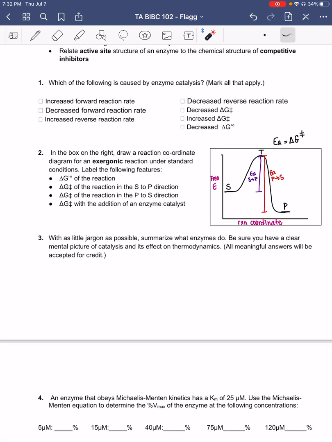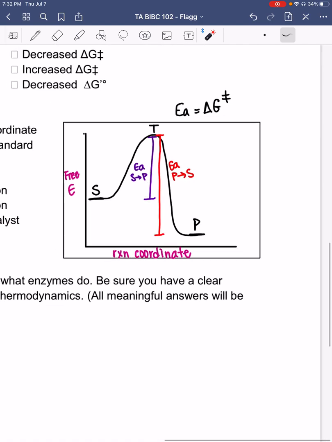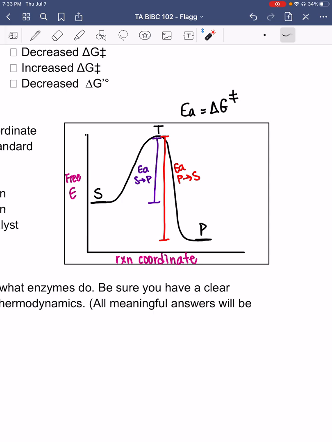Now it's asking us, what is the activation energy, or delta G double dagger, with the addition of an enzyme catalyst? If there is an enzyme helping this reaction, either going from substrate to product or in the reverse direction, the enzyme is going to stabilize the transition state, and it will do so by reducing the activation energies needed to perform this reaction.